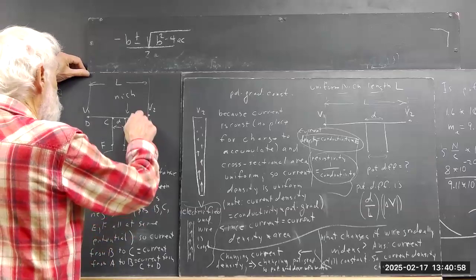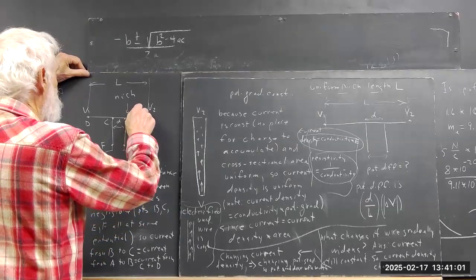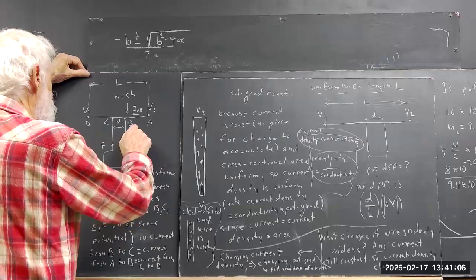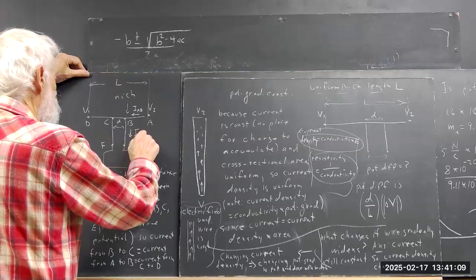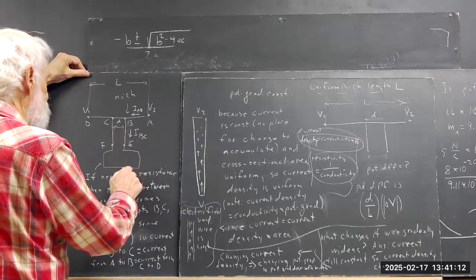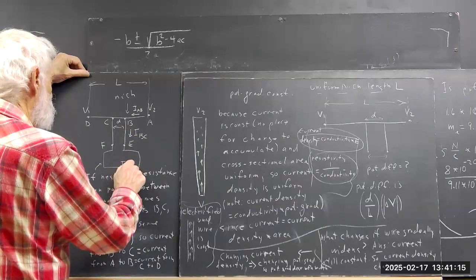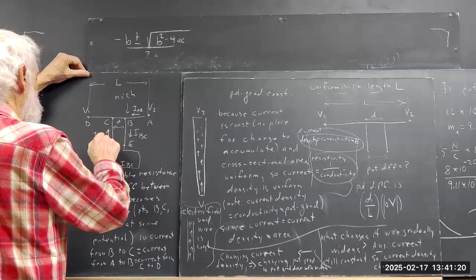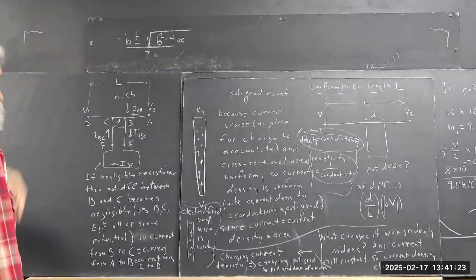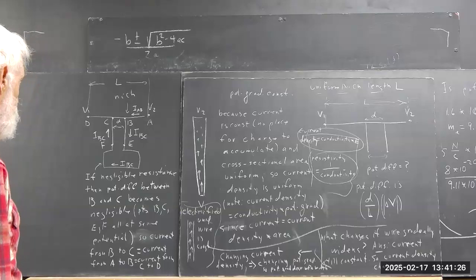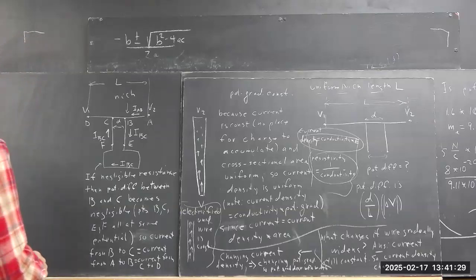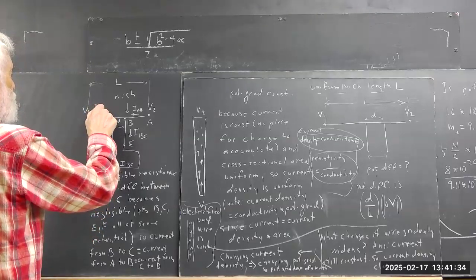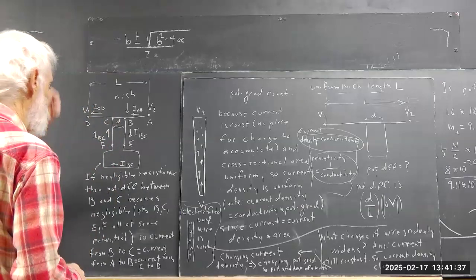Okay, I'm going to indicate current. Here's current I_AB. Here's current I_BC. Here's current I_CD.